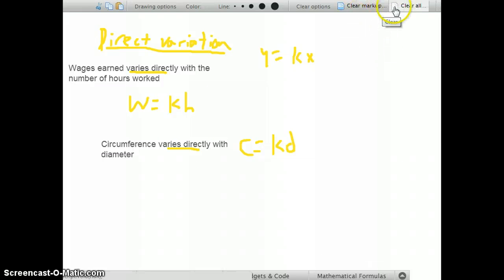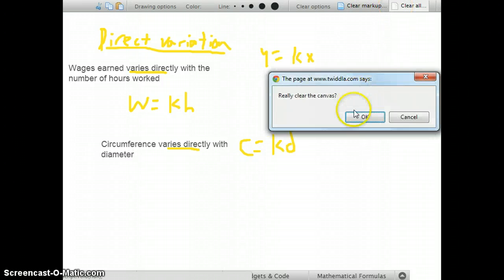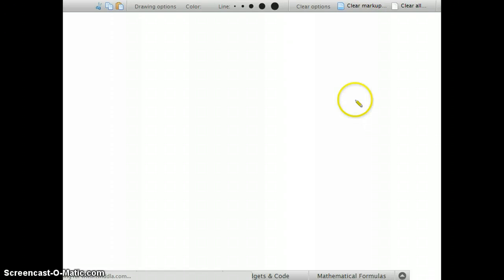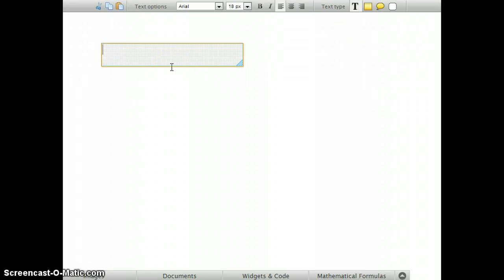And so the next thing that we do, this is the next problem that we will get. The weight of an astronaut on the surface of Mars varies directly with her weight on Earth.